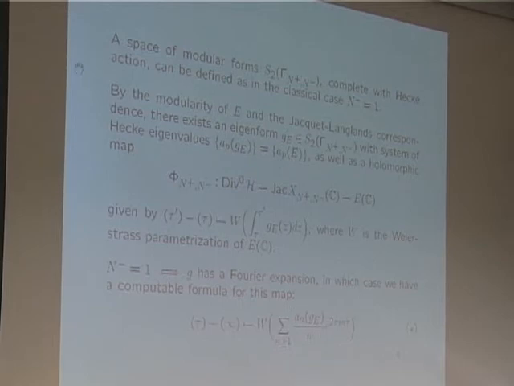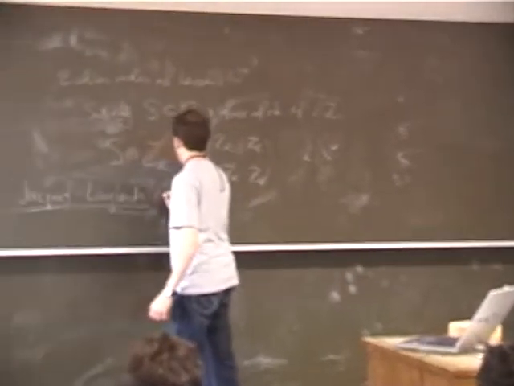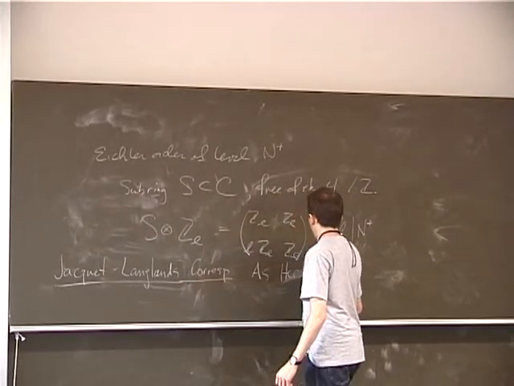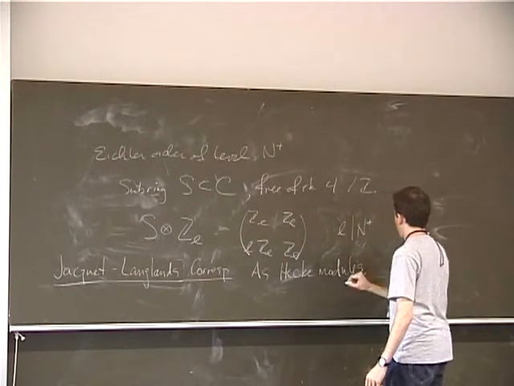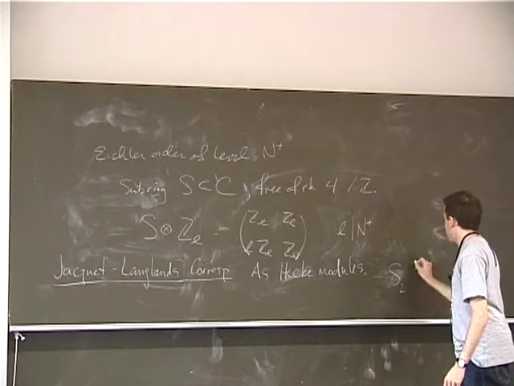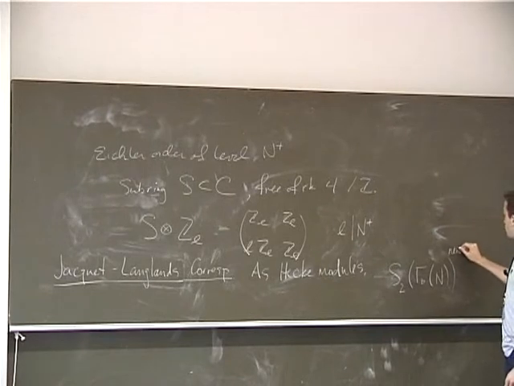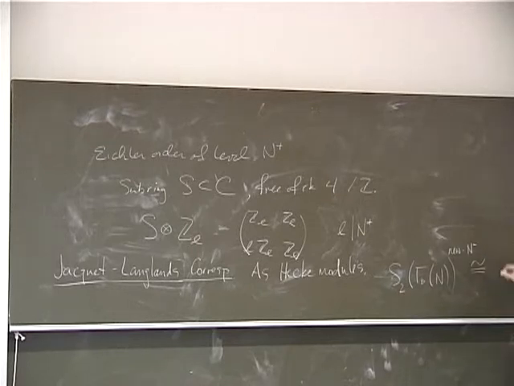Yeah. What the Jacquet-Langlands correspondence says is that as Hecke modules, if you look at S2 of Gamma_0 of N, and you restrict to those that are newforms at N minus, at this ramification locus, then this is isomorphic to what I called S2 of Gamma N plus N minus.